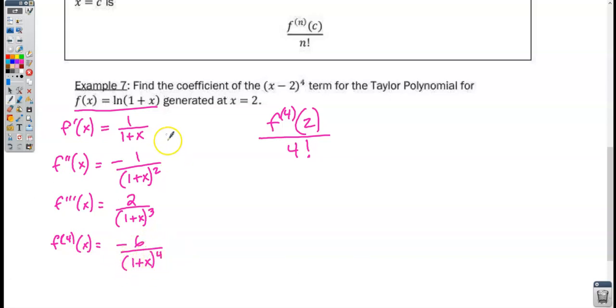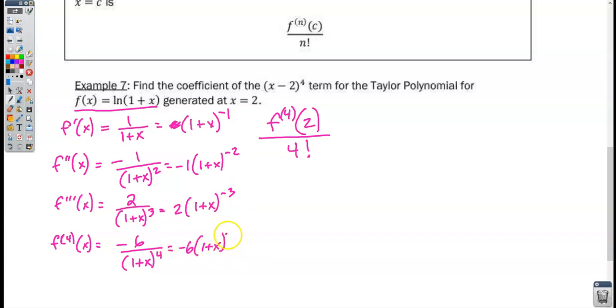By the way, I'm always thinking about these as powers of 1 plus x, which makes it a whole lot easier to take these successive derivatives quickly and easily. So there's our fourth derivative at x.